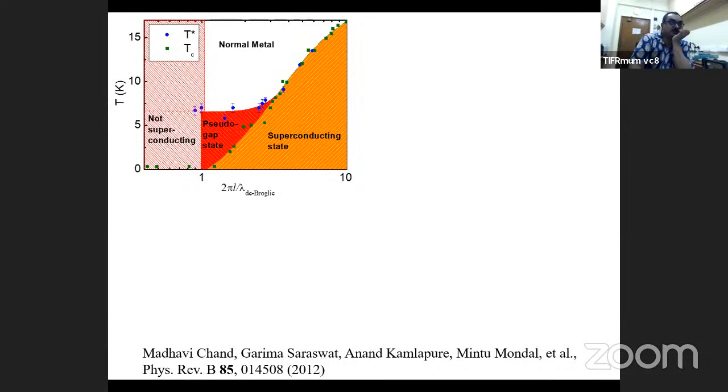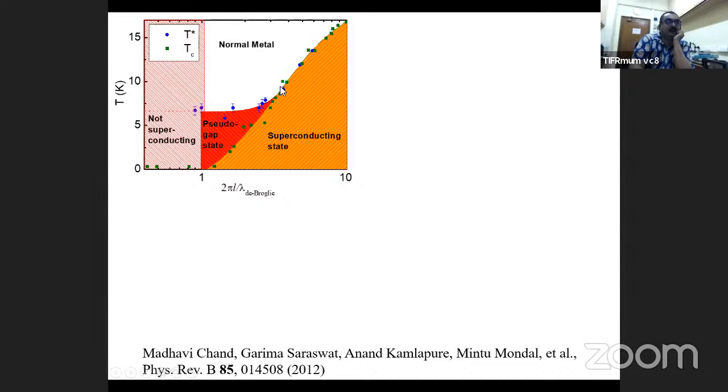So you can see as you go to more and more disorder, Tc gradually decreases and eventually becomes lower than 300 millikelvin. But your superconducting gap, which is this blue, initially T star is the same as Tc.